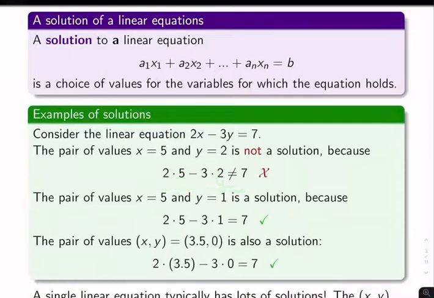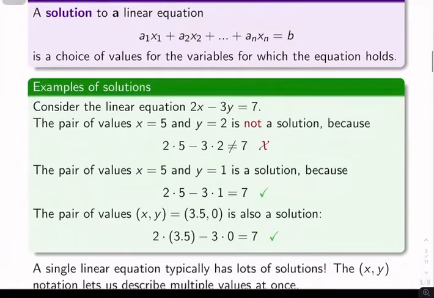On the other hand, the pair of values 5 and 1 is a solution, because 2 times 5 minus 3 times 1 is equal to 7. The pair of values 3.5 and 0 for x and y is also a solution, because if we substitute 3.5 for x and 0 for y, we do get an equality.